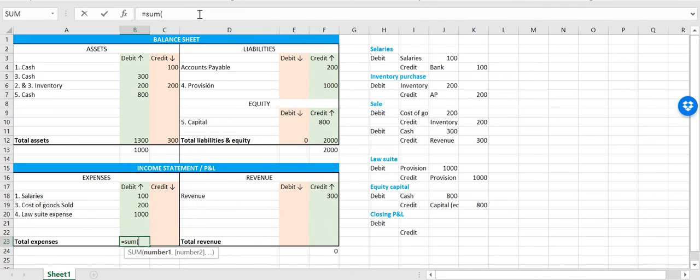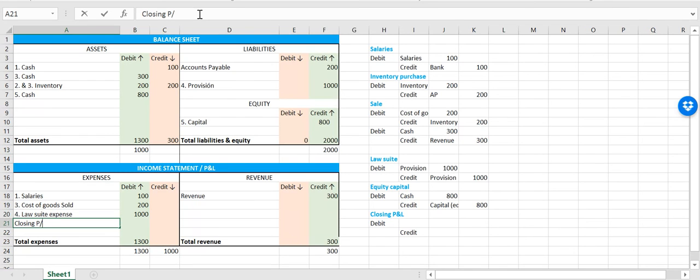We didn't do the totals. So we're gonna close the income statement. The net of this is we have 1,300 of debits, 300 of credits. So we have a difference of 1,000.